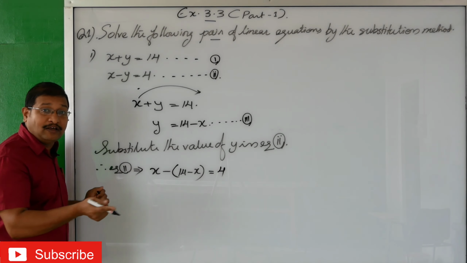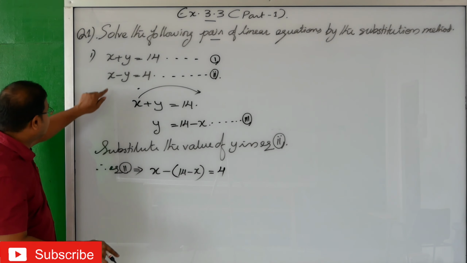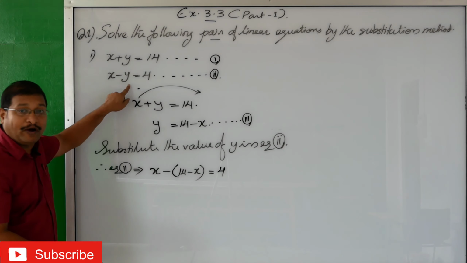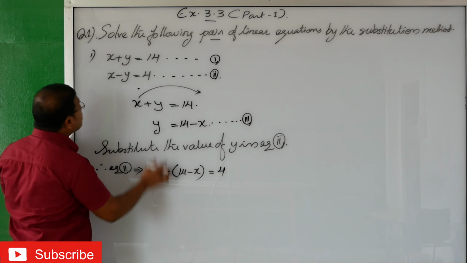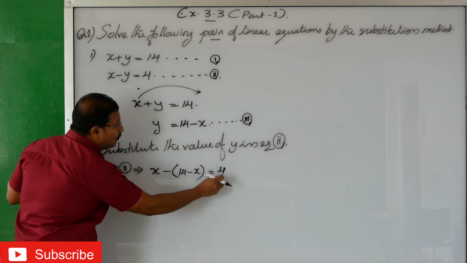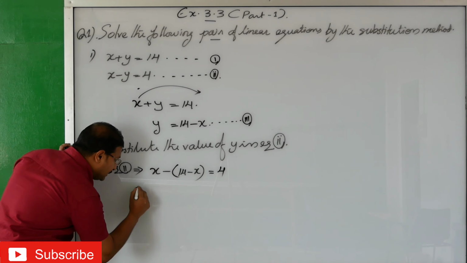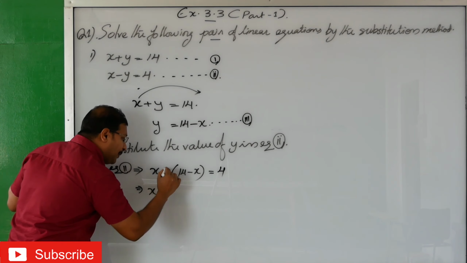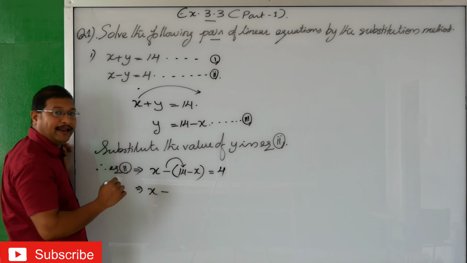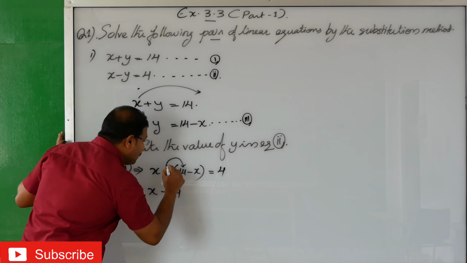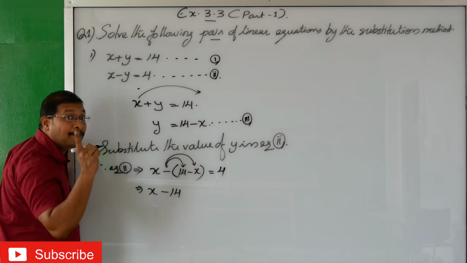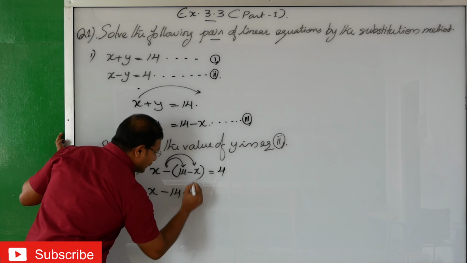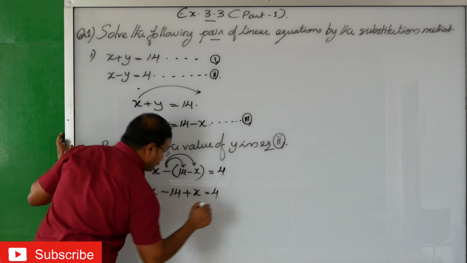The second equation is x minus y equals 4. x minus y means this value equals 4. Implies x minus, we are opening with minus. Minus into 14, minus 14. Minus into minus, plus. After that, x equals 4.